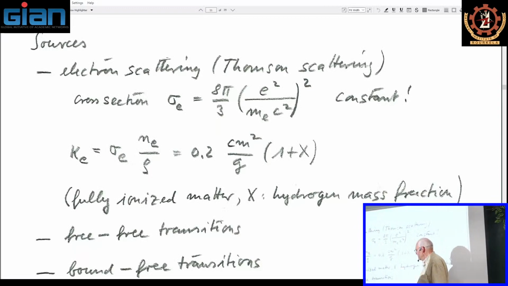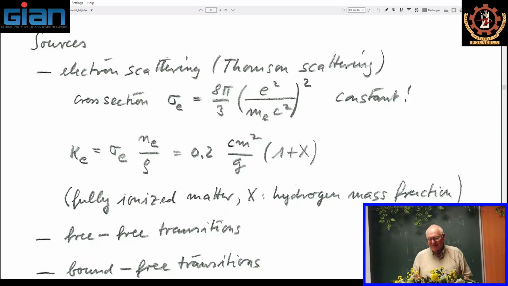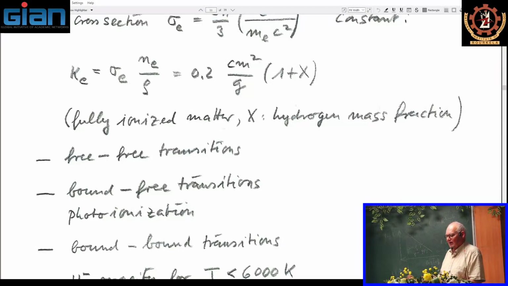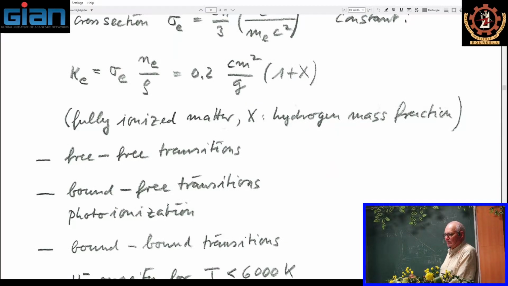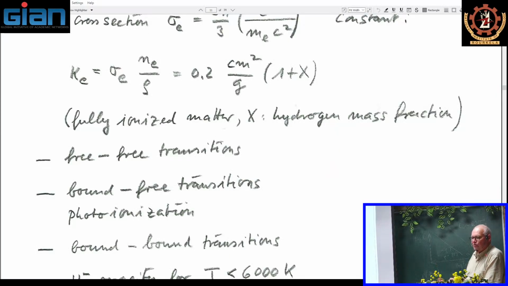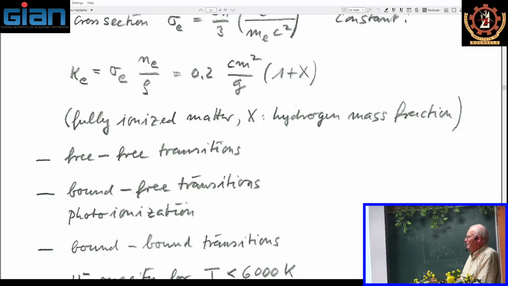Those are free-free transitions. More important are the bound-free transitions. These are the ionization or recombination processes. So a photon hits an atom and it removes an electron from the atom, which comes into a free state. The opposite would be the recombination.